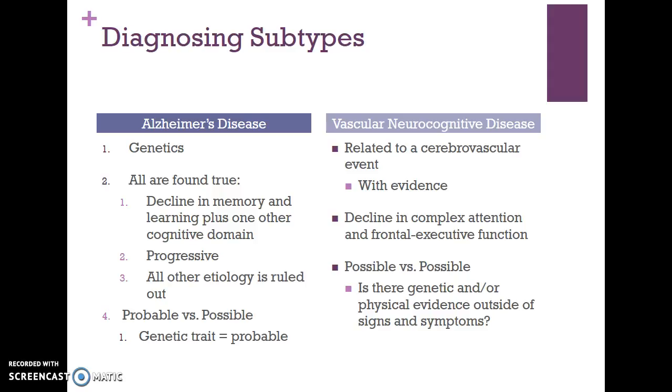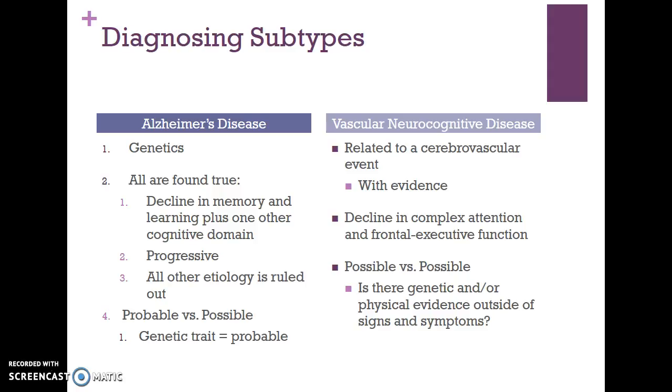The big difference then, in addition to diagnosing the subtype, is the possibility of probable versus possible. Probable means there's a much more likely chance of Alzheimer's disease being an accurate diagnosis. For Alzheimer's, there needs to be a genetic trait or family history. While all three listed above need to be true for it just to be a possible diagnosis of Alzheimer's disease, genetics must be there in order to be considered a probable diagnosis.